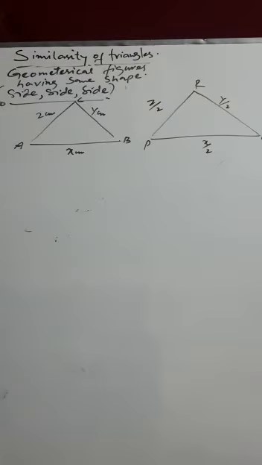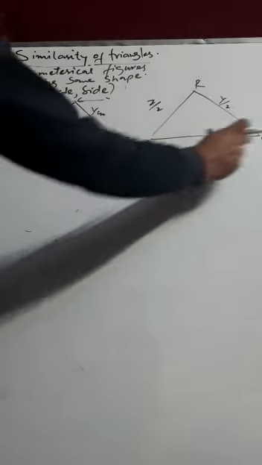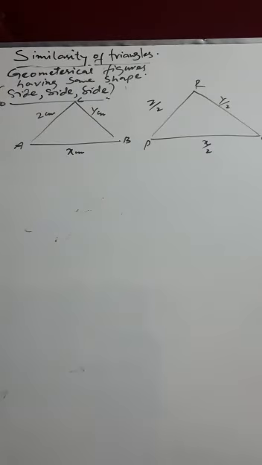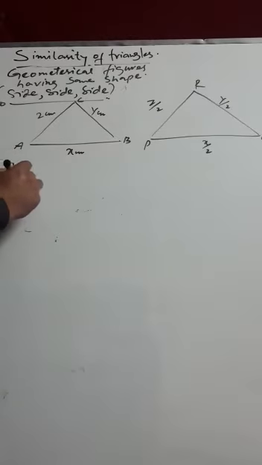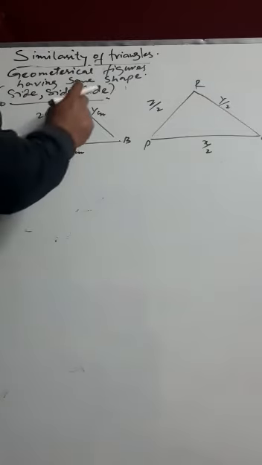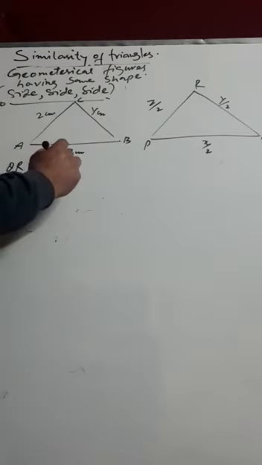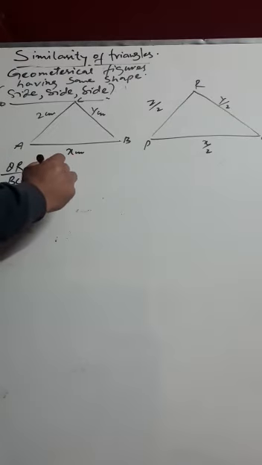Here, AB is proportional to PQ, and QR proportional to BC. We have to check whether they are proportional. And CA is proportional to RP.